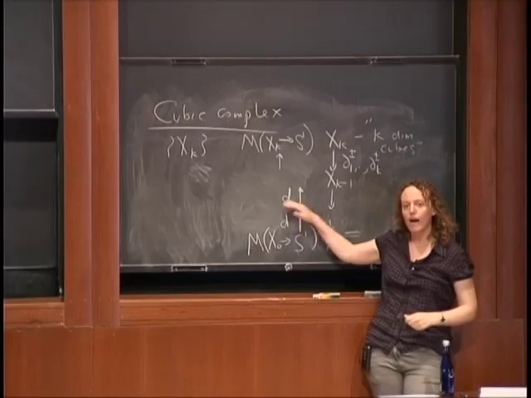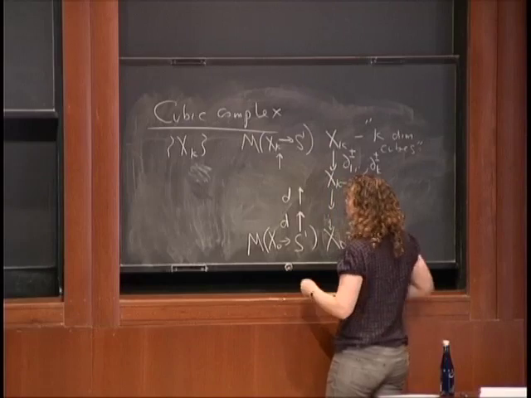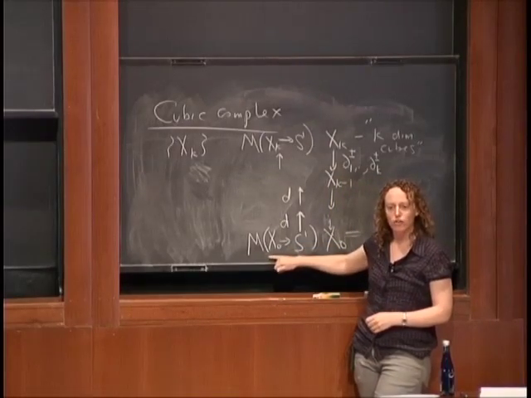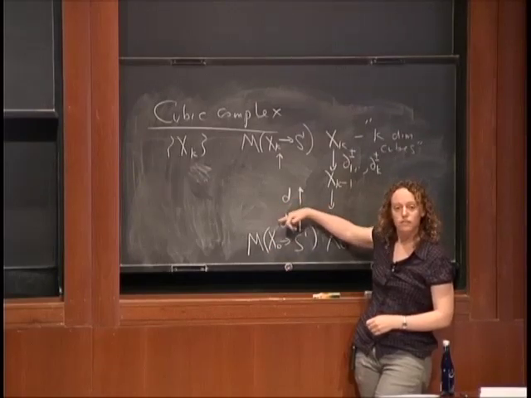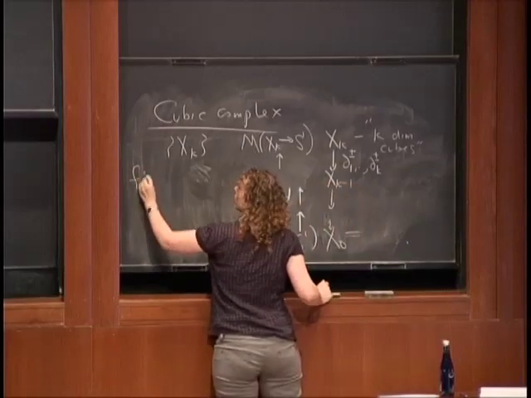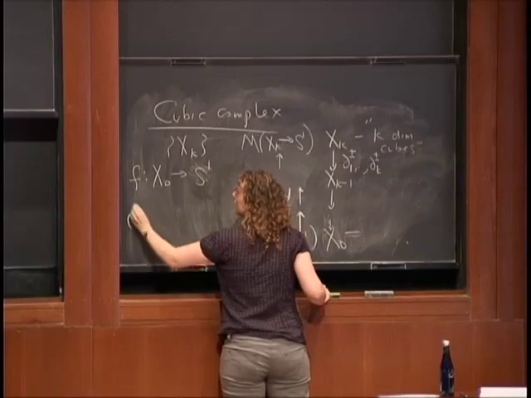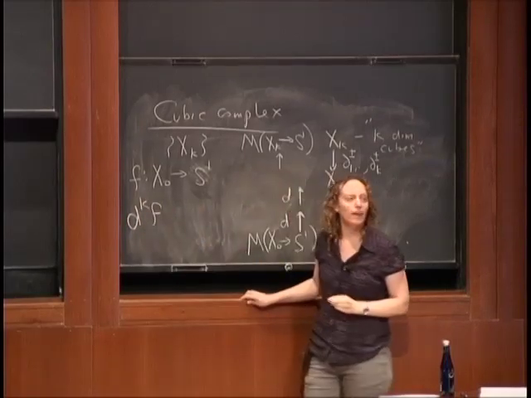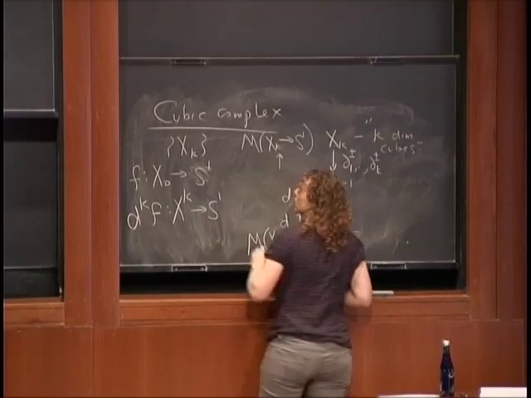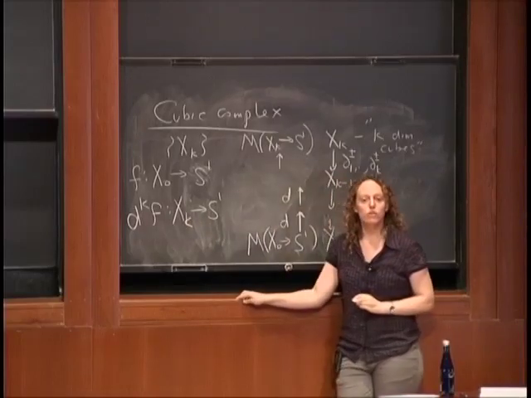Okay, so if you have this dual construction, think of this as your original set, what you were interested in. You have a function here; if you iterate this map k times, starting with a function f from x_0 to the unit circle, then d_k f, after applying it k times, is a new function from x_k to the unit circle.